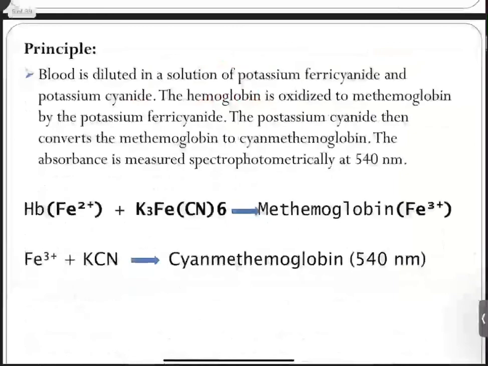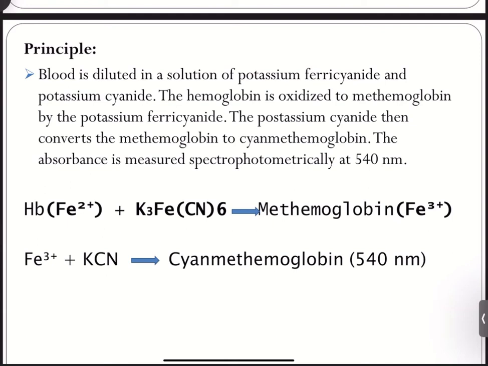Now, for the cyanmethemoglobin method, the blood is diluted in a solution of potassium ferricyanide and potassium cyanide. Then the hemoglobin is oxidized to form methemoglobin by the potassium ferricyanide. The cyanide then converts the methemoglobin to cyanmethemoglobin. Then the absorbance is measured at 540 nanometers using your spectrophotometer.